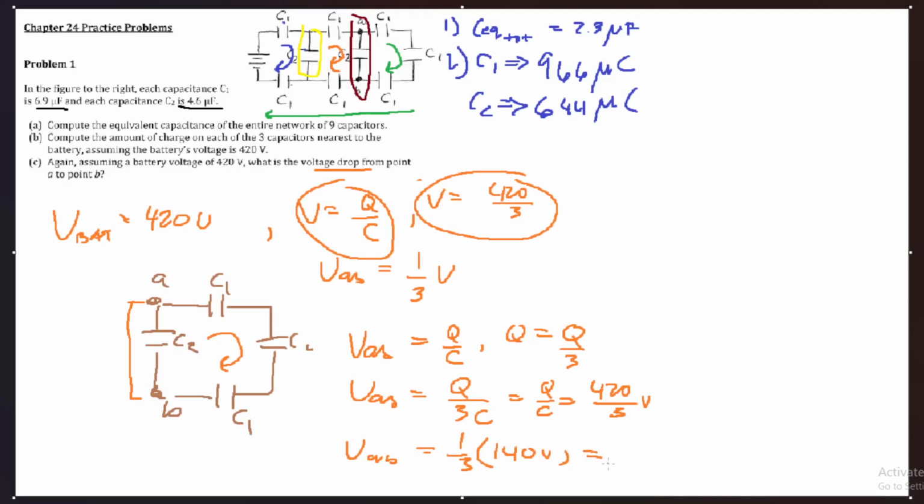And then 140 divided by 3 is 46.67 volts. So for number 3, we can just say that our V drop from point A to point B is 46.67 volts. Thank you.